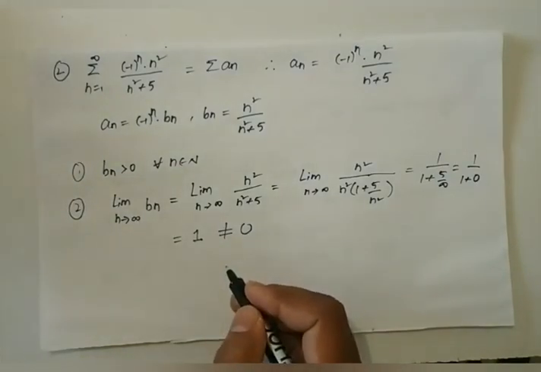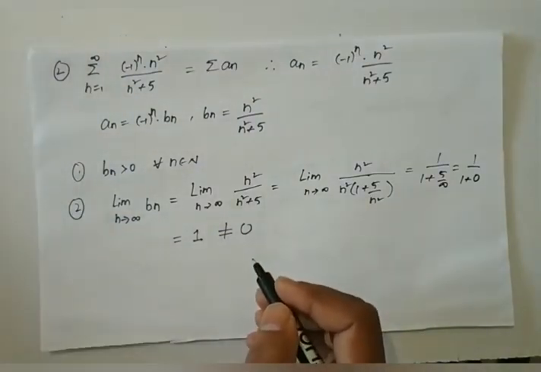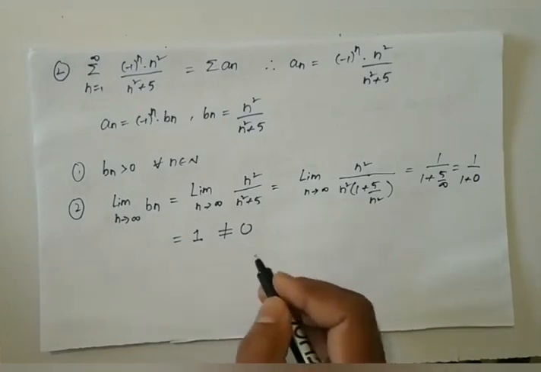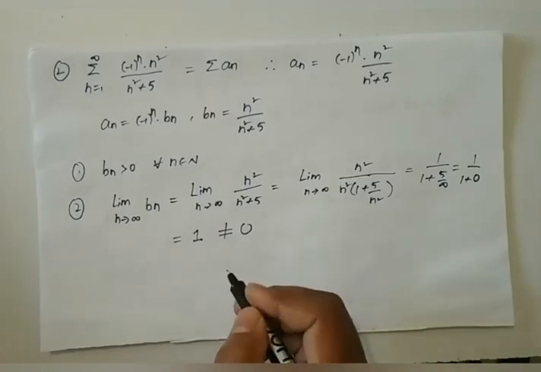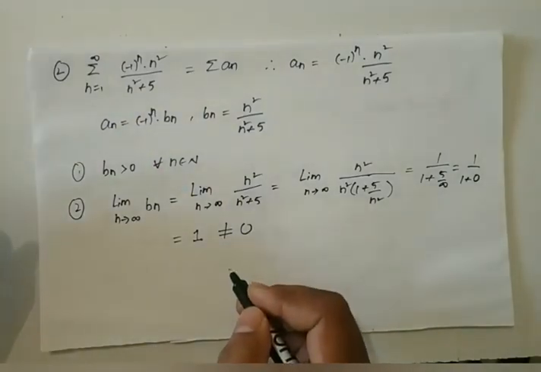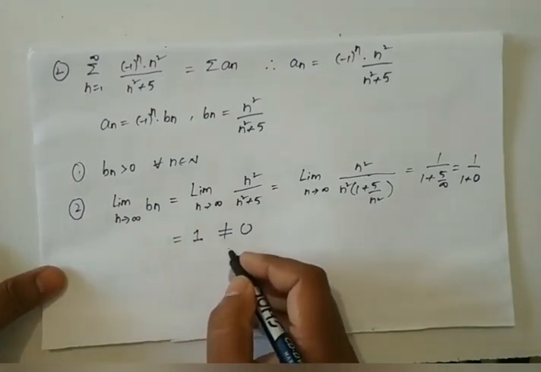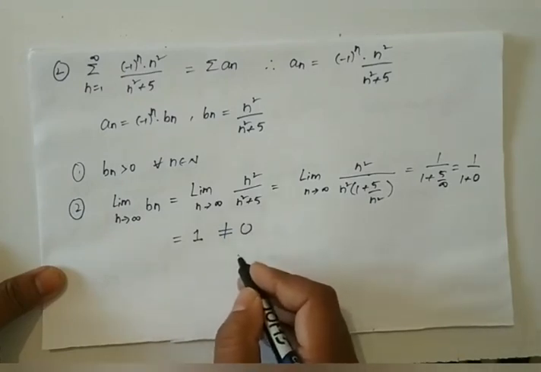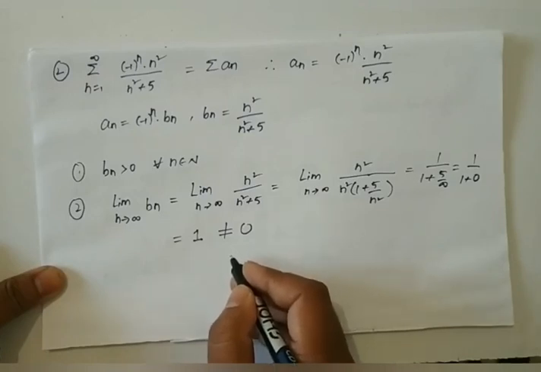So we will need to use another test to check. If the second condition is not satisfied, then it is better to use the nth term divergence test.